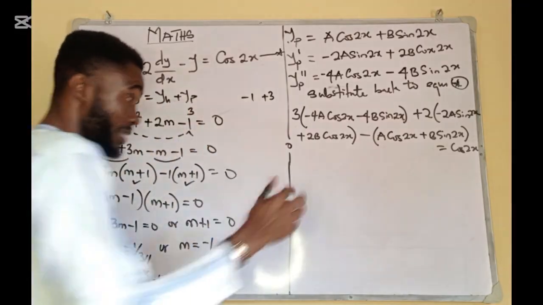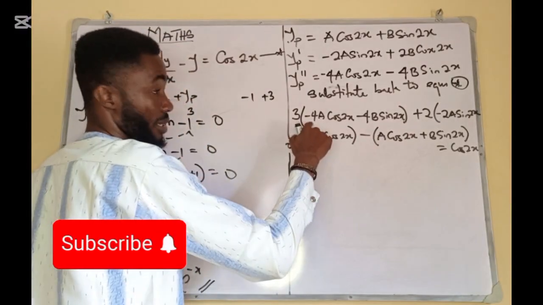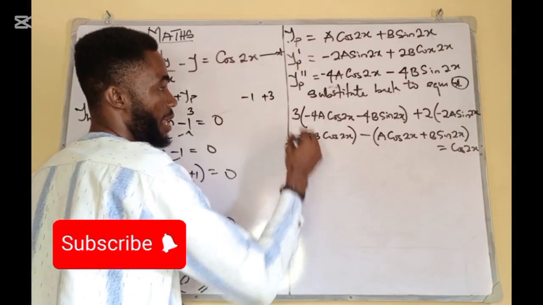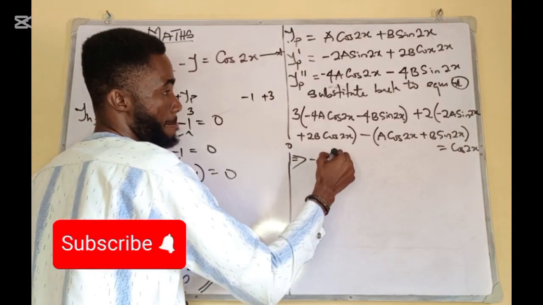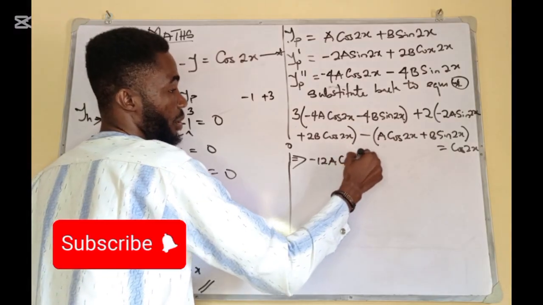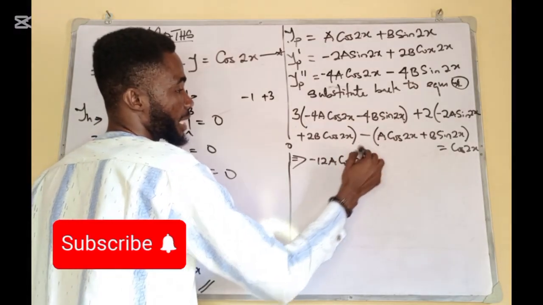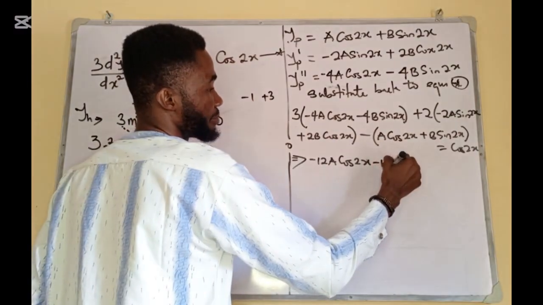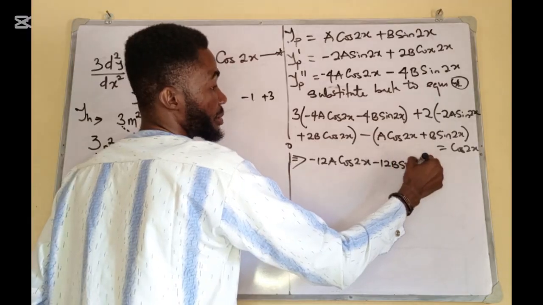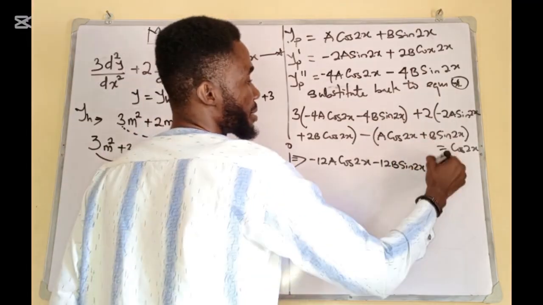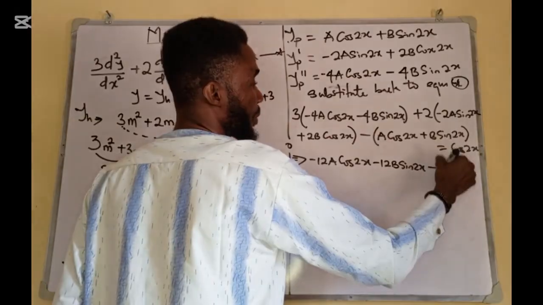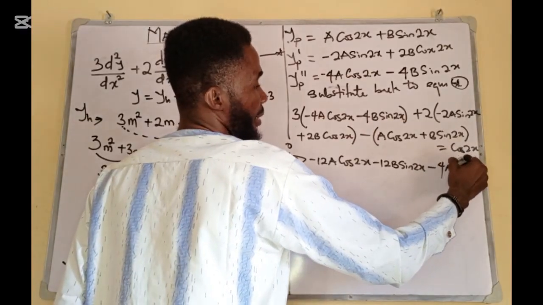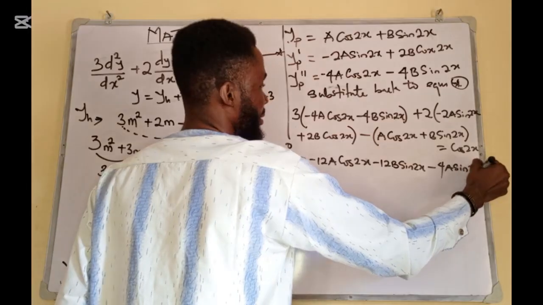Now, 3 times 4 is 12, so I have minus 12a cos 2x. Then 3 times 4, minus 12b sine 2x. Plus times minus is minus, 2 times 2 is 4, so minus 4a sine 2x.